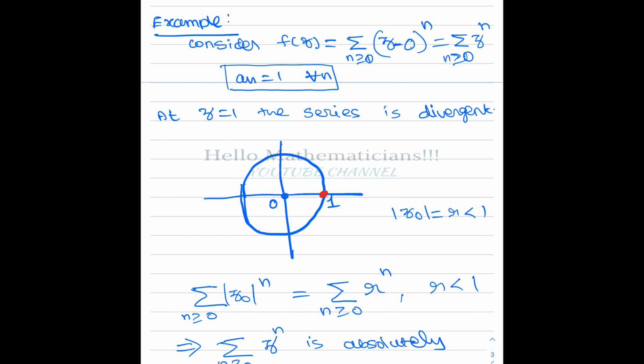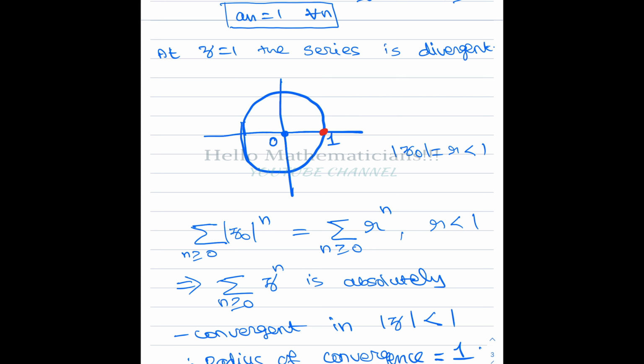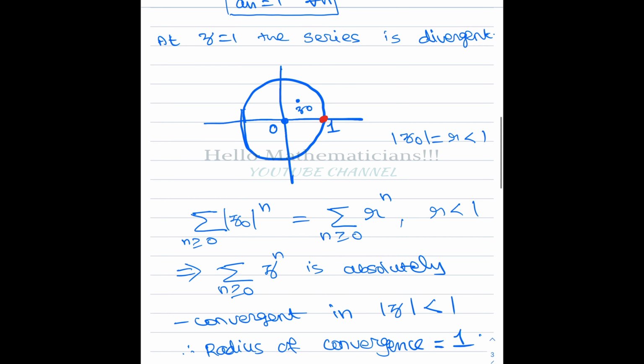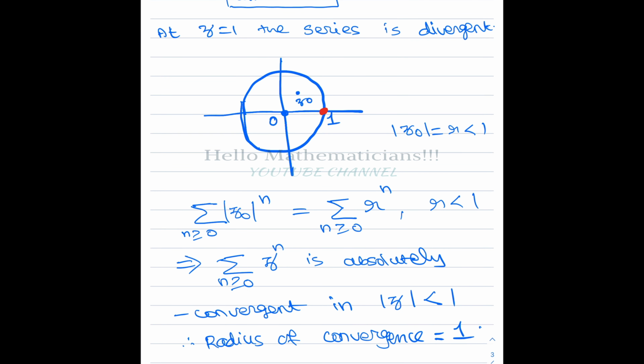So only inside this bounded disk and on the boundary of the disk we have to check. So we consider a point inside the disk. I take a z naught here inside. Then I substitute z naught in the power series. Then I get summation n greater than or equal to 0 of z naught to the power n, and I look at the modulus.